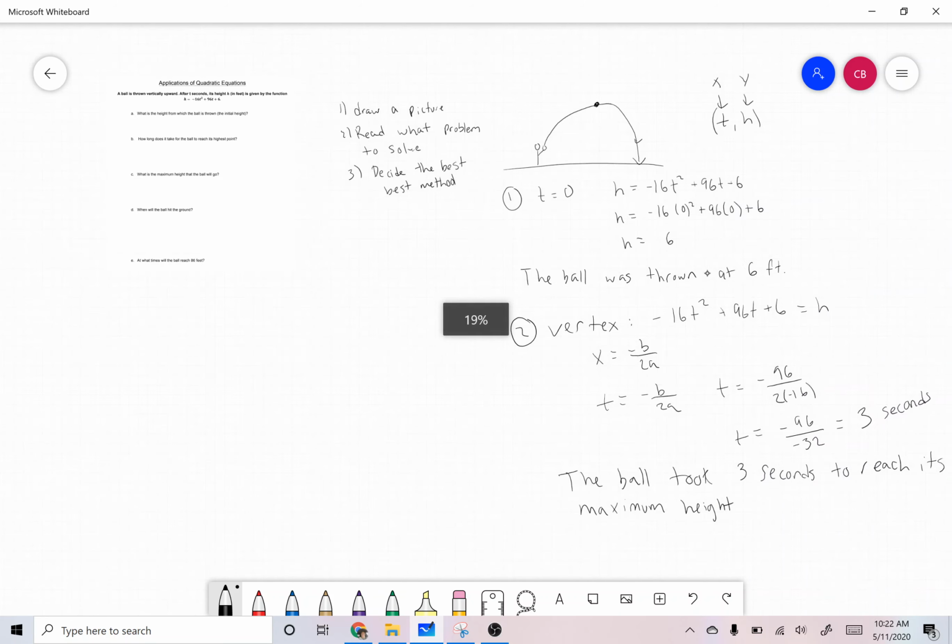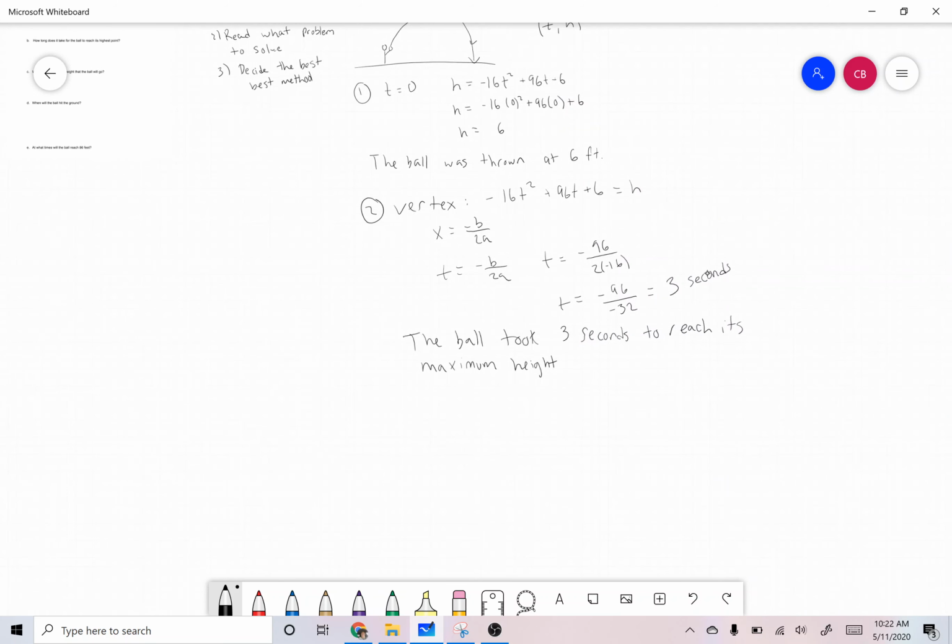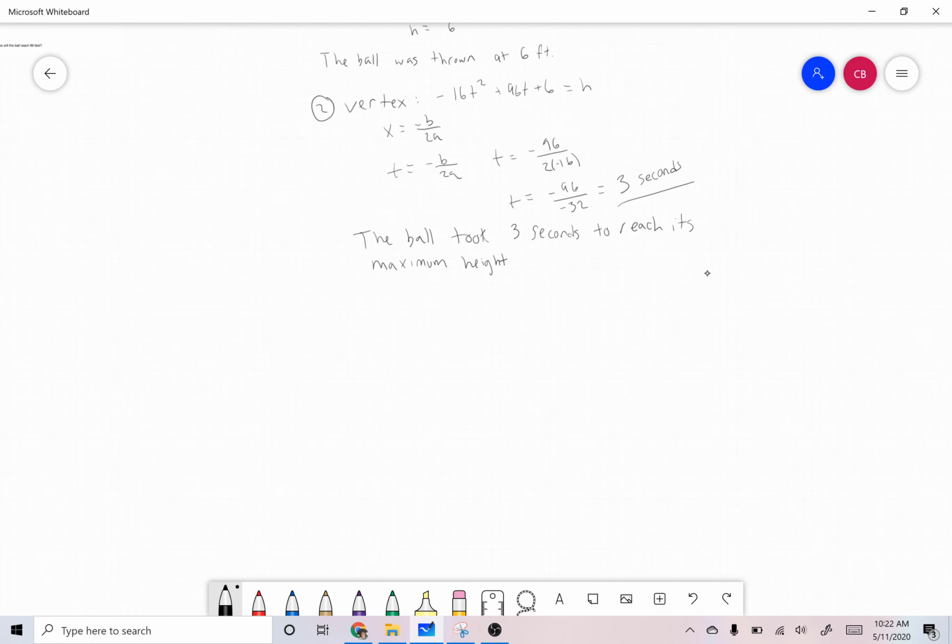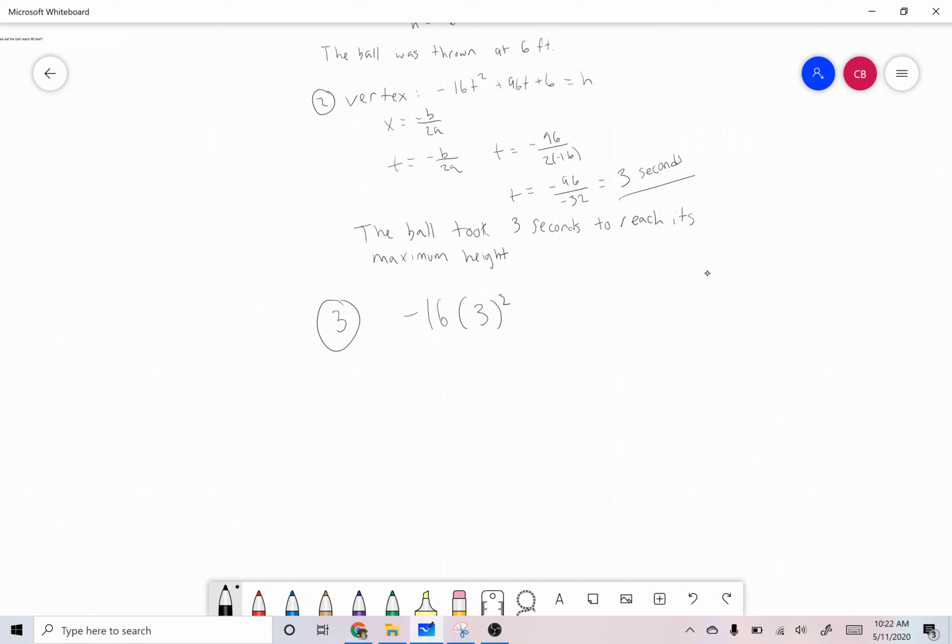Well, we know the time at which it reaches its maximum height is 3 seconds. So if we want to find the maximum height, we're going to plug that in. We have negative 16 times 3 squared plus 96 times 3 plus 6 is equal to h.